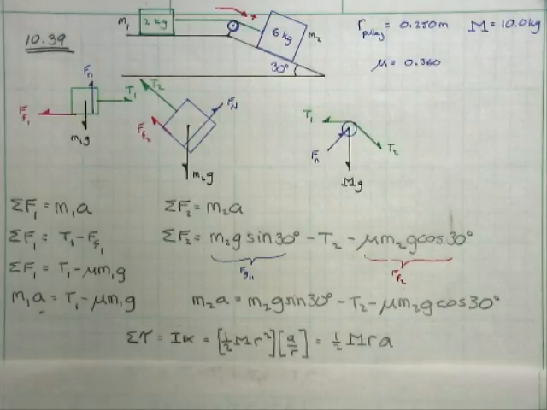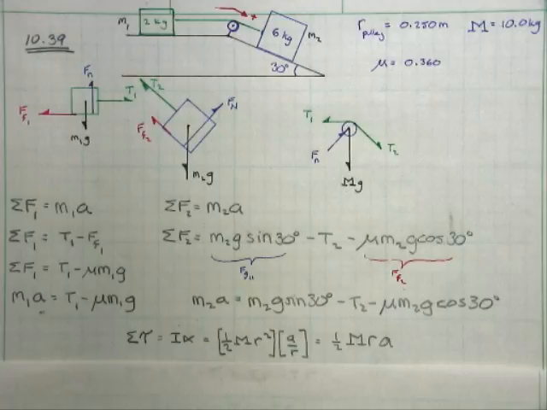Well, we can't go any further regarding the forces and tensions and accelerations, so let's see what happens when we look at torque. Torque, we know, is I alpha. The I that we're talking about is the moment of inertia for the disk. That's the pulley. That's 1/2 M R squared.